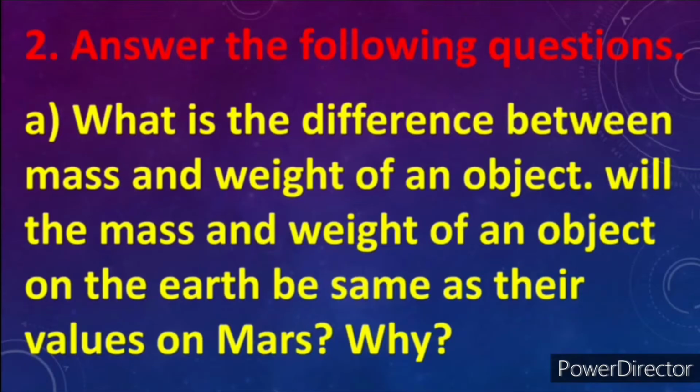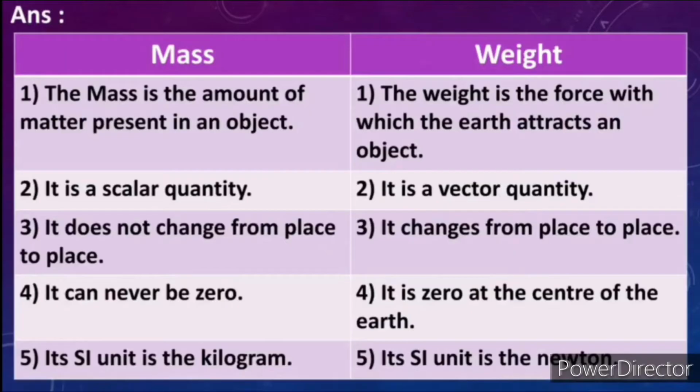Will the mass and weight of an object on the earth be the same as their values on Mars? Why? We will write the answer to this question in two parts. Answer, part 1, mass and weight. 1. The mass is the amount of matter present in an object. 1. The weight is the force with which the earth attracts an object. 2. It is a scalar quantity.